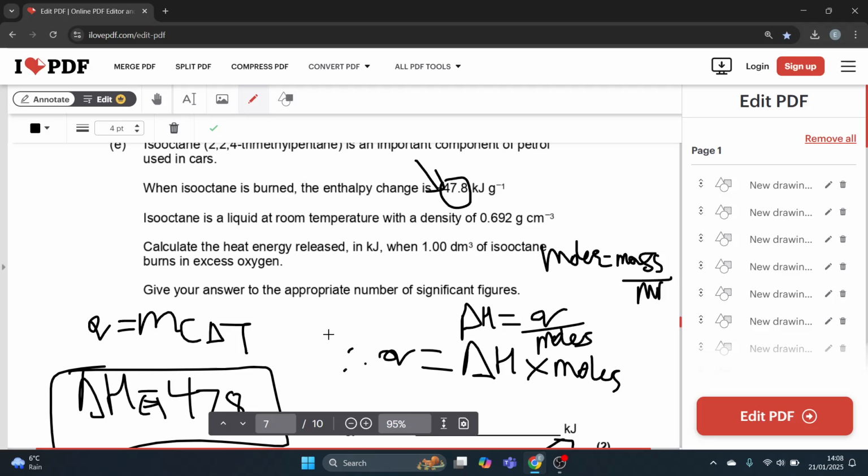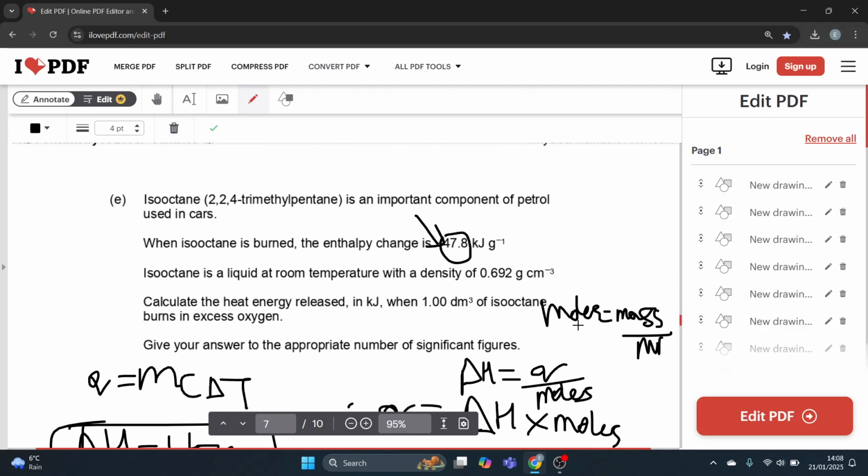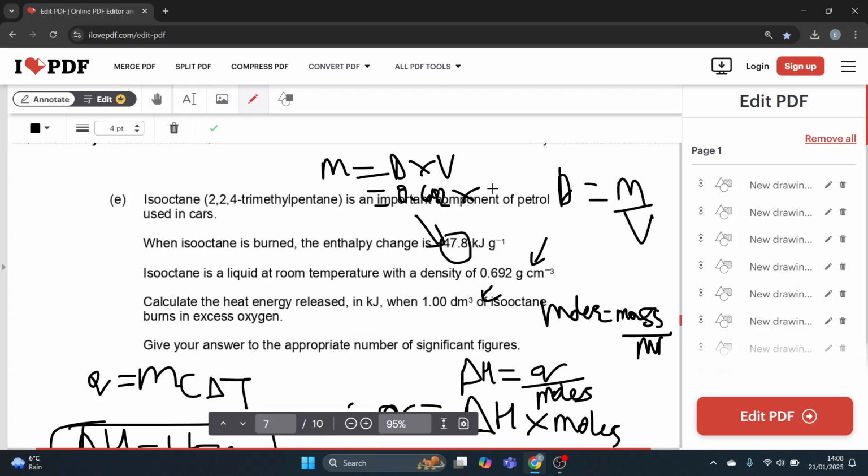Now I need to find the moles, mass over Mr. Now I know density and volume. Density is mass over volume. Mass is density times volume, which is going to be 0.692 times 1 divided by 1000, because I want to convert from dm cubed to centimeters cubed. That will give me the mass, and then I do the mass divided by the Mr of isooctane.